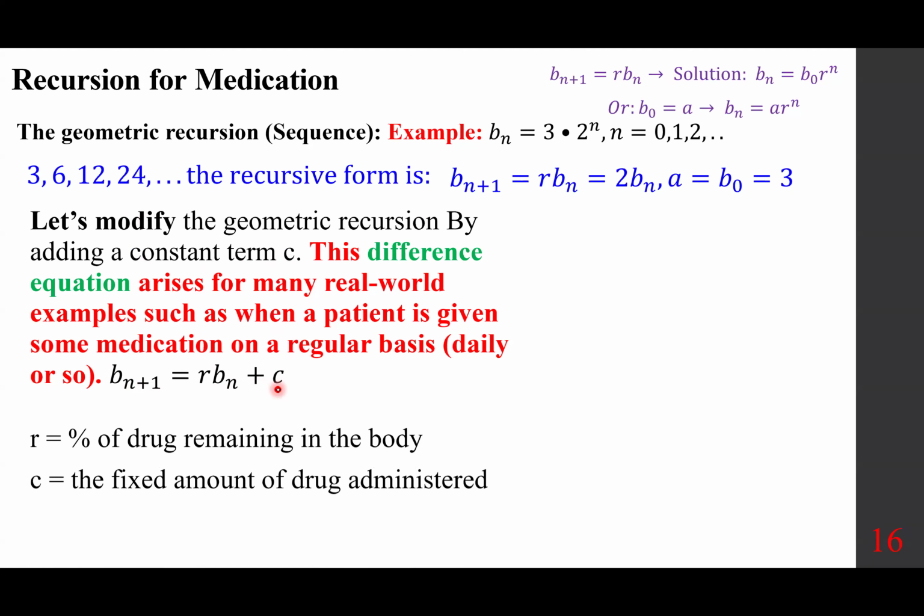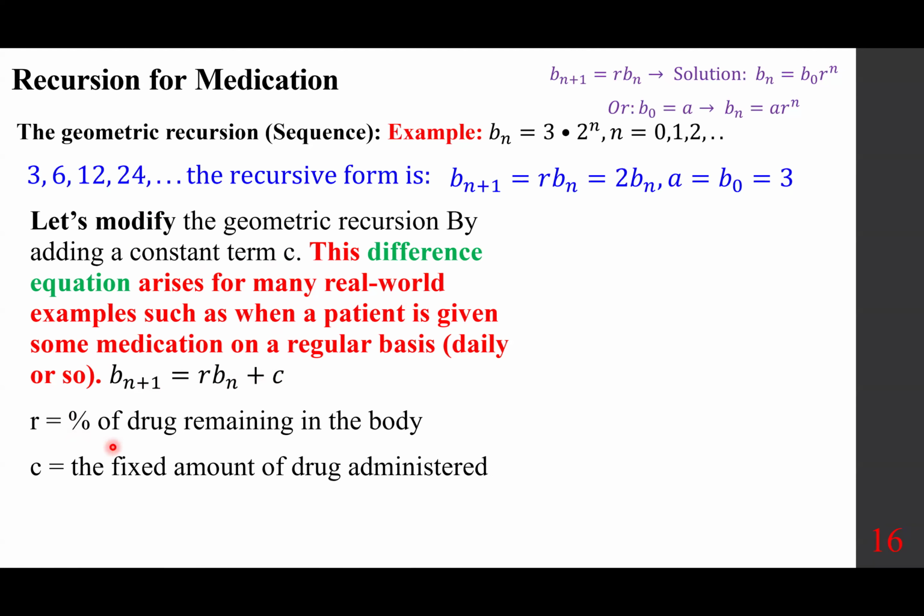So what is r? The percentage of drug remaining in the body, the portion, the fraction. C is the fixed amount of drug administered. So that means the amount of drug that we give to the patient at a specific time step. In which case now, this changes to this plus a constant.